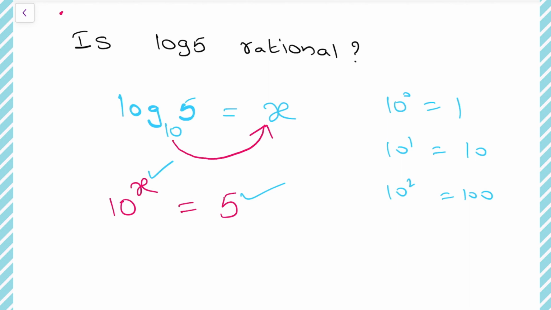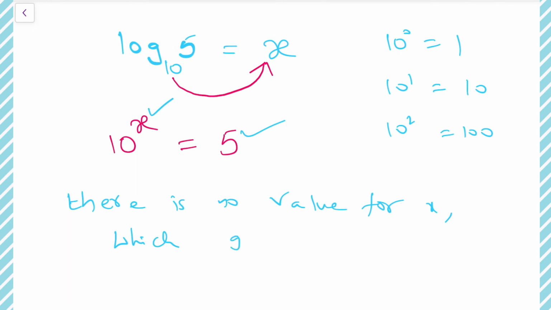So log 5 is an irrational number. There is no value for x which gives 5. So log 5 is an irrational number.